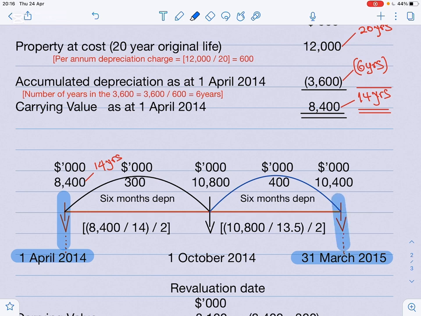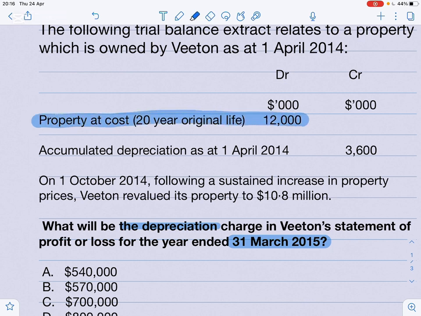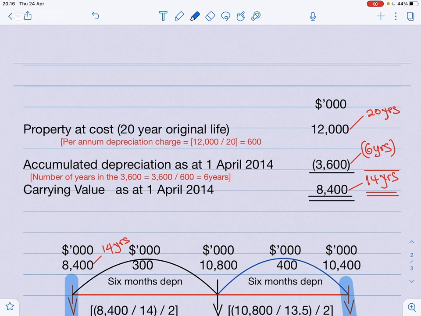Good. The other thing I'm going to do now is to bring this bit to where I'm going to be showing you how to go about it. So please, can we just look at this bit? It says property at cost, 20-year original life. So that same information is what I have here for you. So what is the 20-year original life?